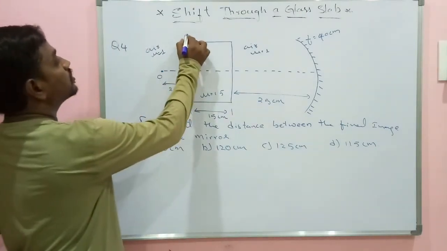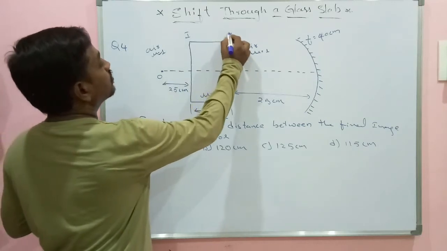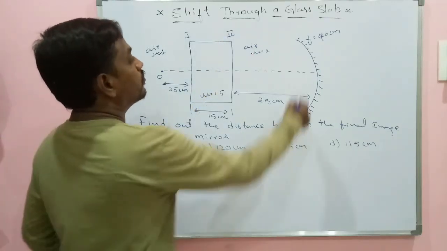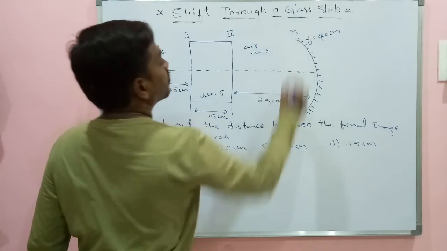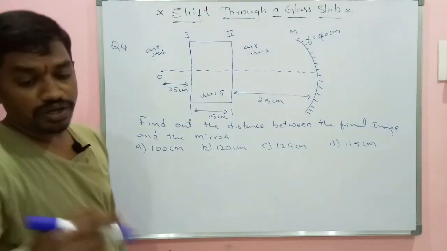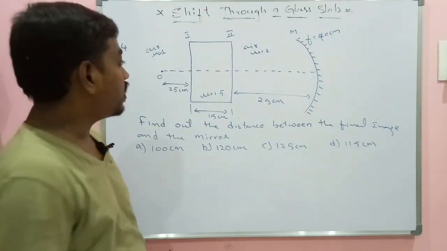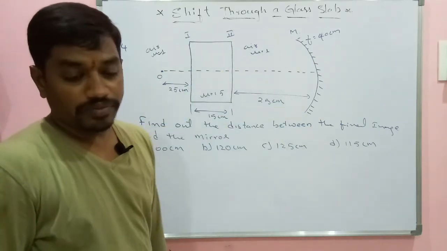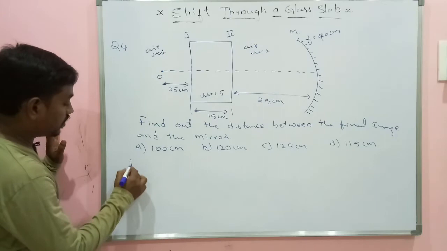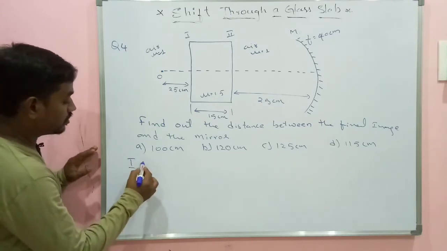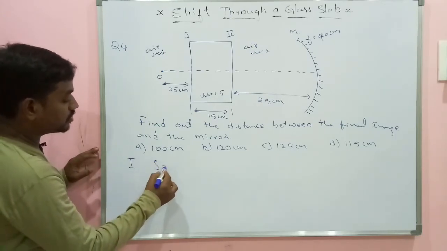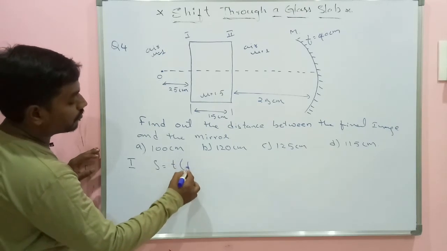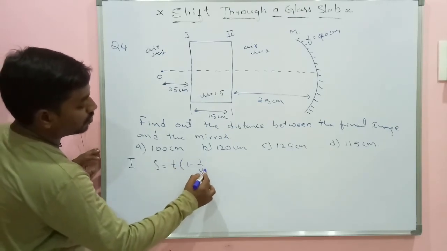So let this be the surface 1 and this be the surface 2, and we have another concept of mirror here. So we need to calculate a separate shift for the first one and second one and the mirror. For the first surface, S is equals to T of 1 minus 1 by mu.